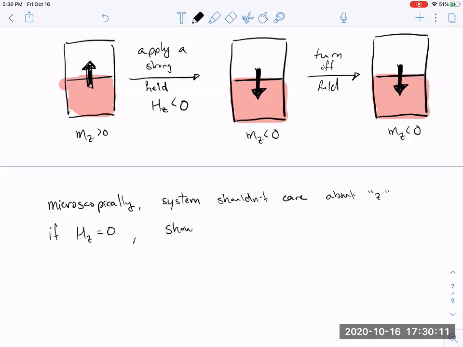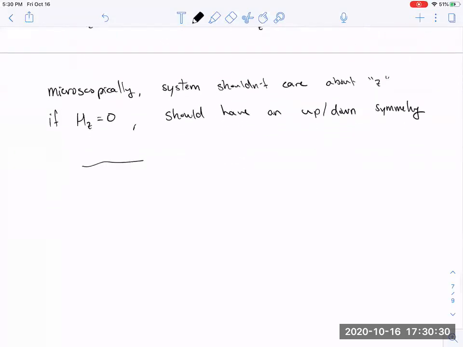So the total system should have an up-down, fancy way of saying two-mode, Z2 symmetry. So if I was going to look microscopically at a collection of spins, say these ones are up and down, like so.